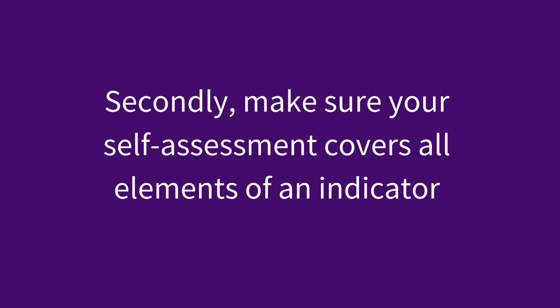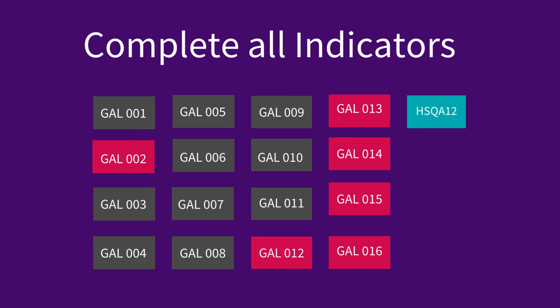Thirdly, I think make sure your self-assessment covers all elements of an indicator, and we talked about that in the very first question. Please make sure that you complete all of the indicators in the web form.